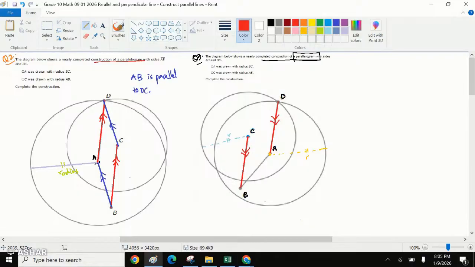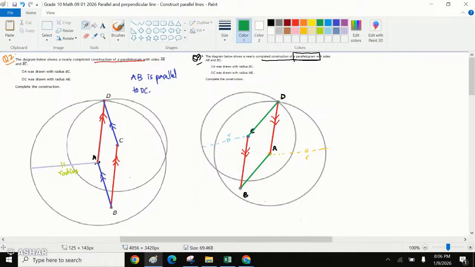If these two lines were parallel and we had to complete a parallelogram, we need to find another line that is parallel to AB. So can we say this line is parallel to AB? Yes, it is still parallel, but the condition for the question is that we need to draw a parallelogram. A parallelogram has to be a closed shape.